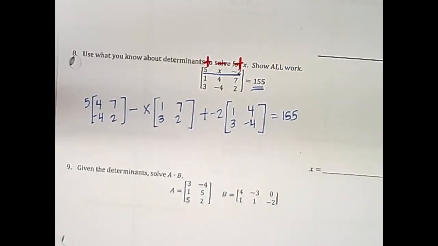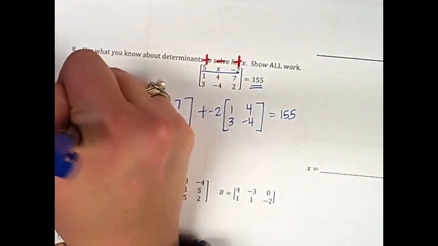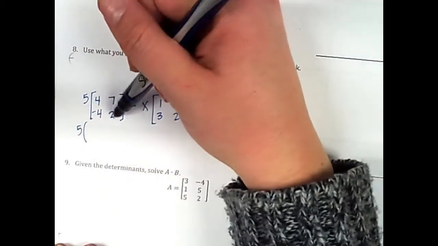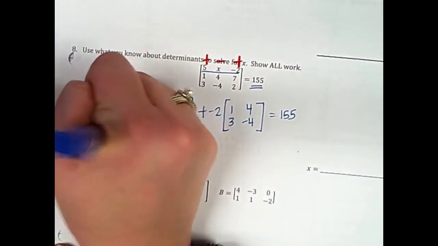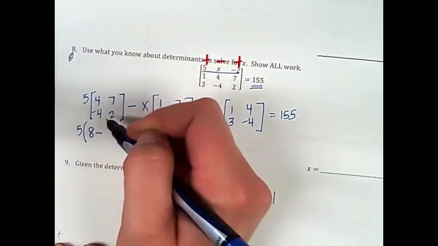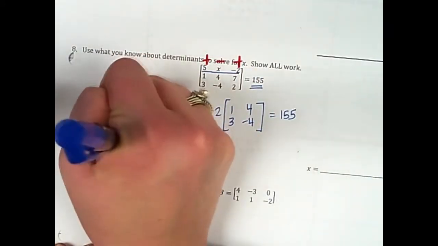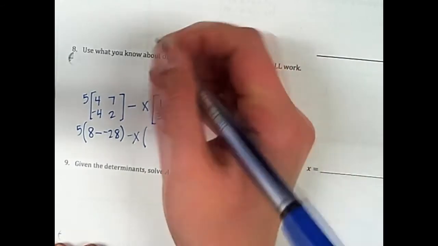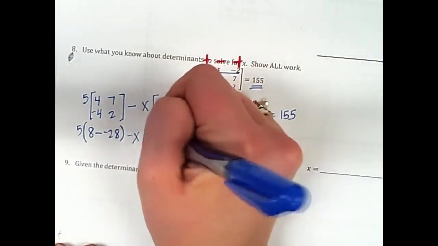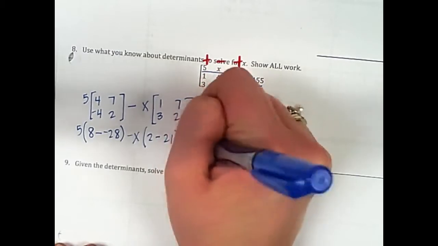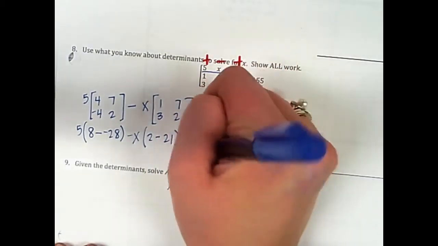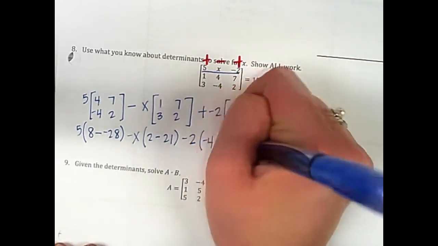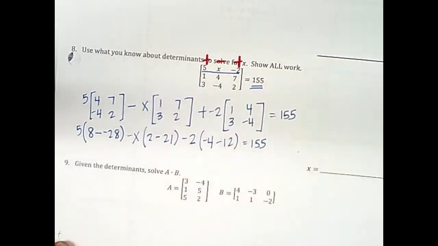We start with multiplying, so we bring that 5 out, and then it would be 4 times 2, so 8, minus 7 times -4, which is -28, minus x times 1 times 2, which is 2, minus 7 times 3, so 21, minus 2, because positive, negative, 1 times -4, which is -4, and minus 3 times 4, so minus 12, equals 155.